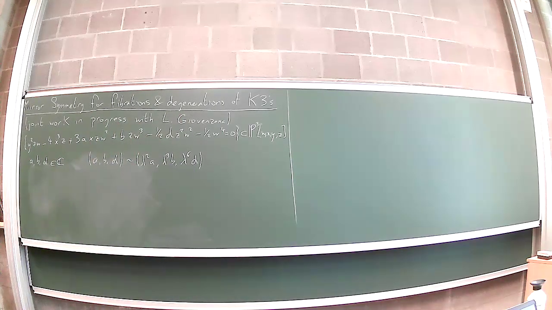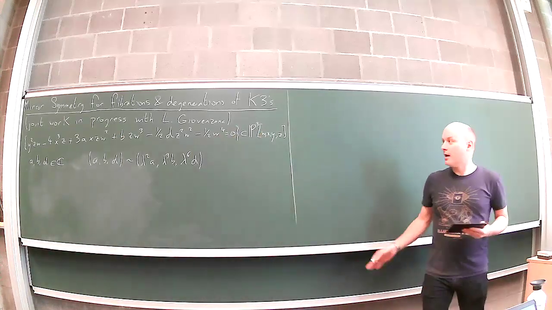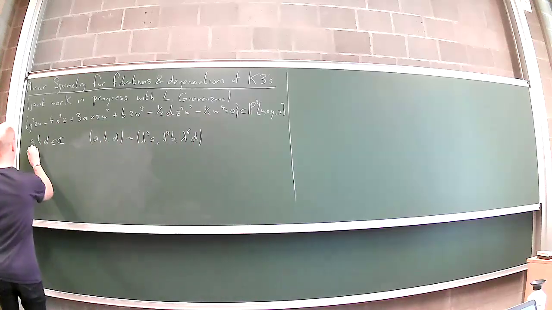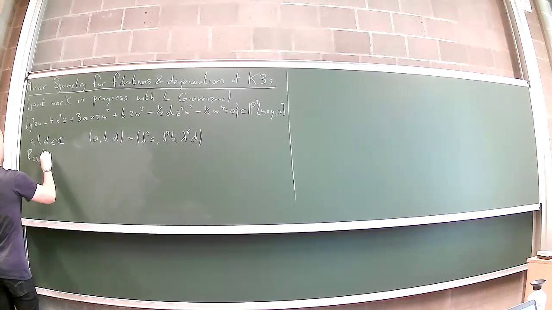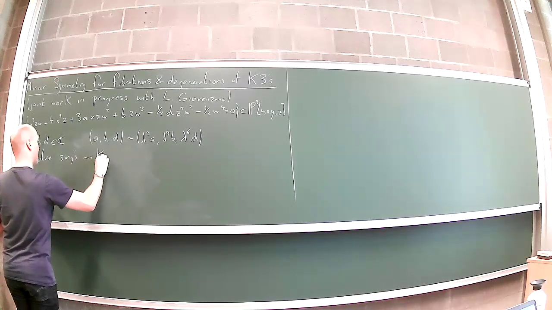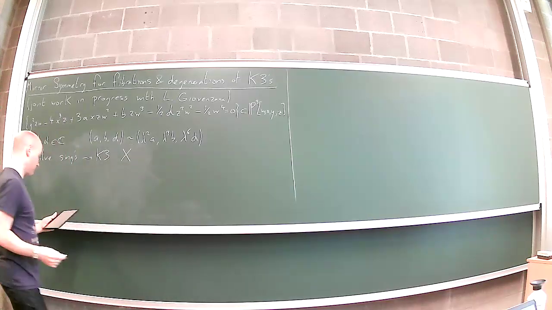Actually, this forms a two-parameter family over a compact base, and the compact base is given by quotienting C3 by this thing. This thing has a couple of singularities in it. If I resolve them, that gives me a K3, and I'm going to call this K3 surface X.